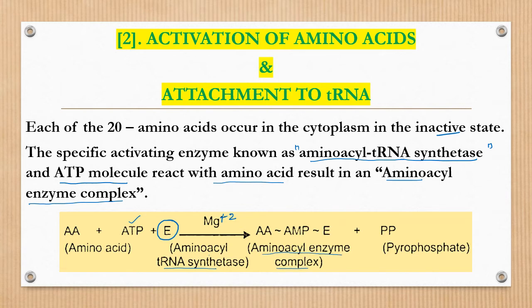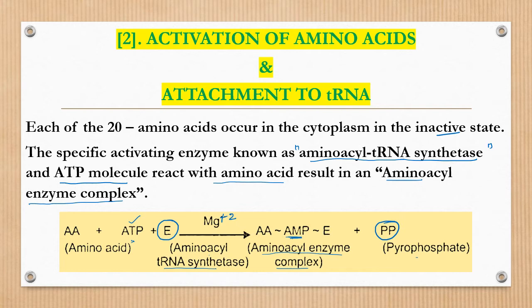When it utilizes ATP, it forms pyrophosphate, as two phosphates are released. So the enzyme complex has AMP, that is adenosine monophosphate. Adenosine triphosphate becomes monophosphate in the complex, and two phosphates are released.